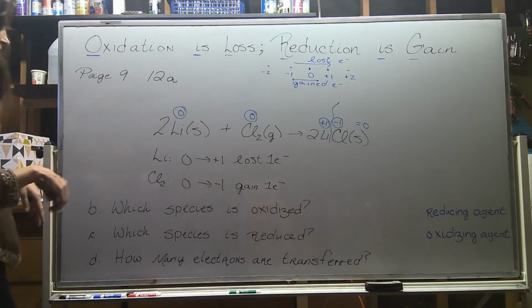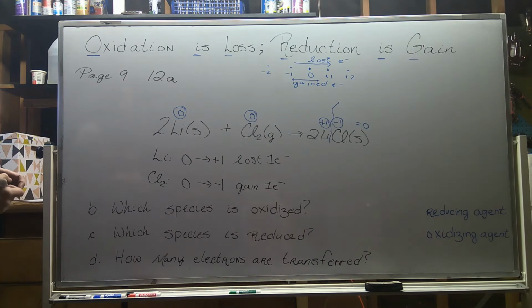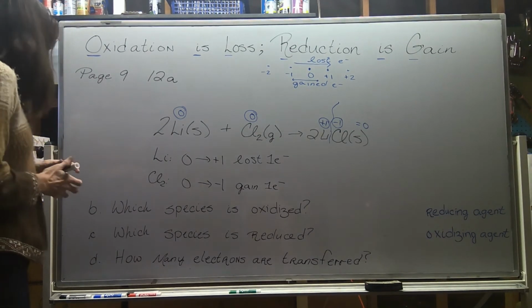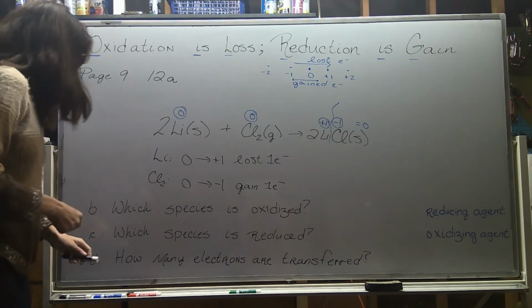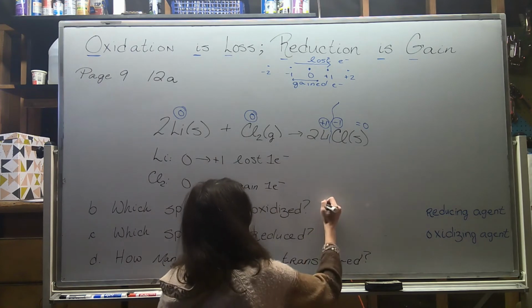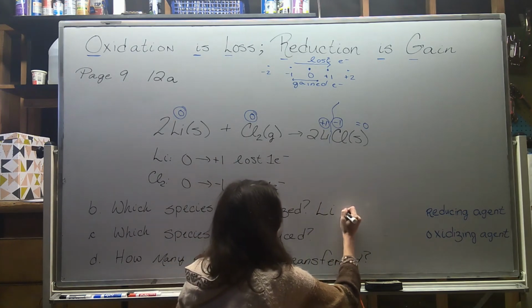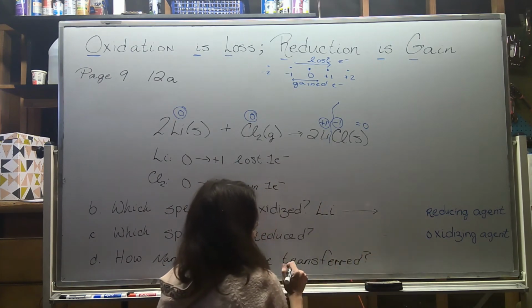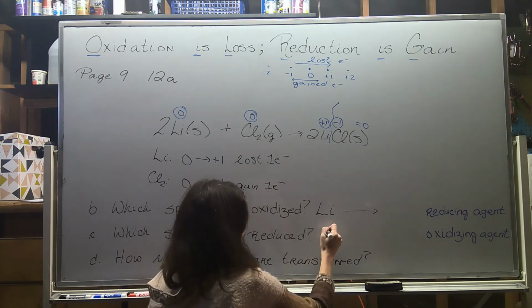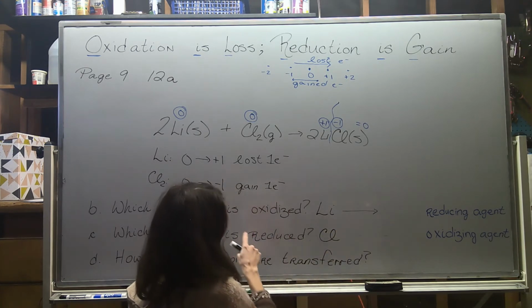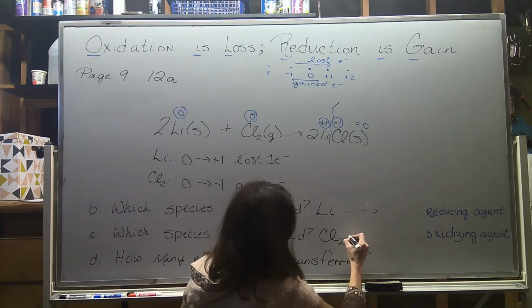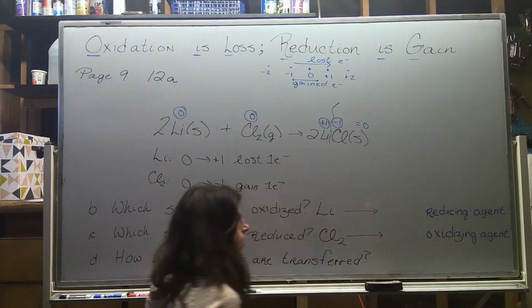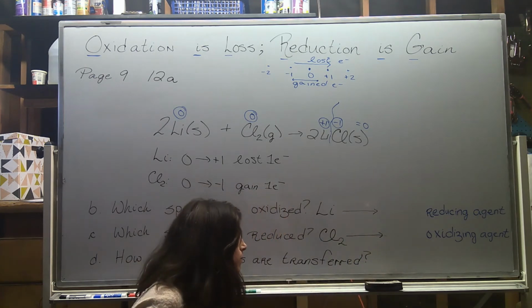It became more negative, so it gained. Oxidized is lost, so I'm going to put lithium as being oxidized and as being my reducing agent. The chlorine gained electrons, the diatomic chlorine, so that will be reduced, and that will also be my oxidizing agent.